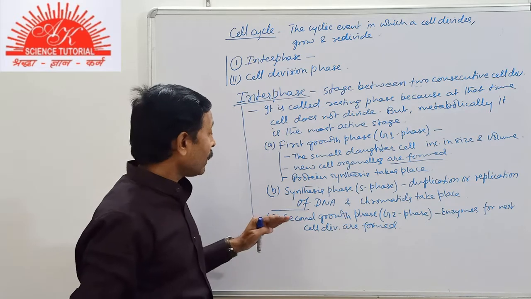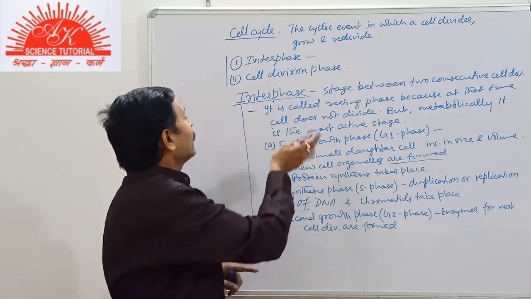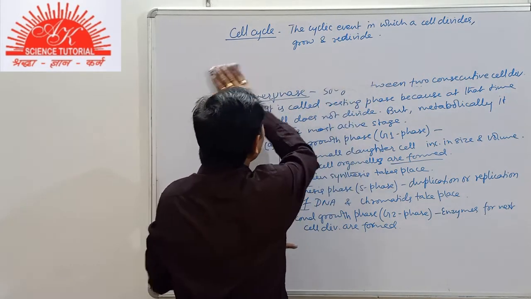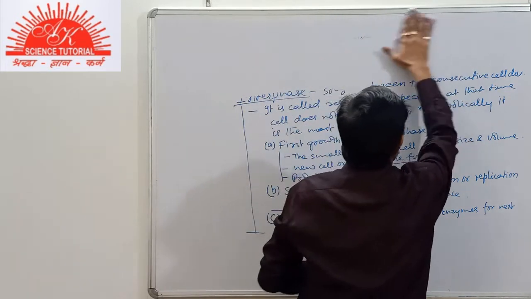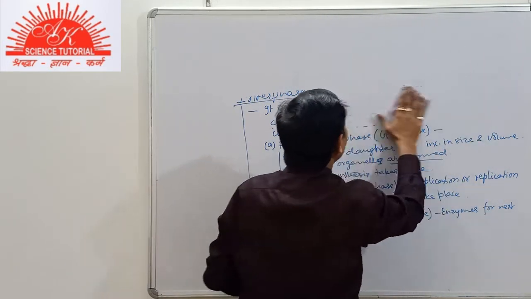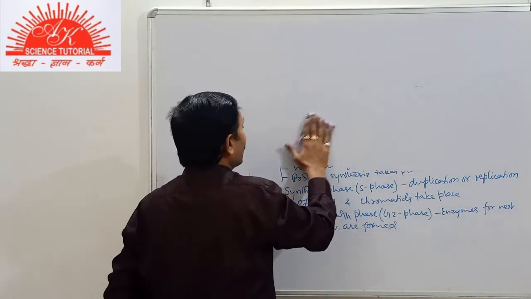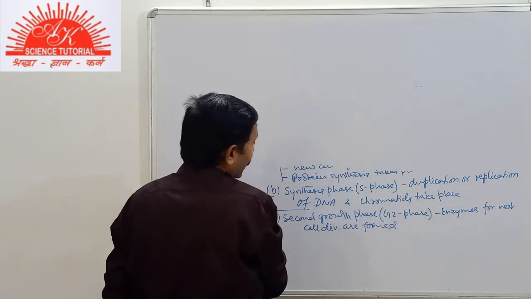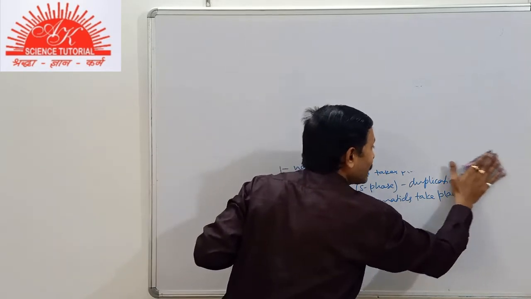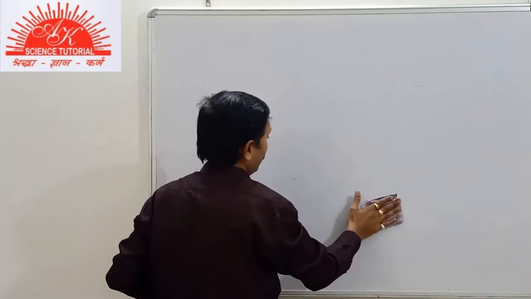Now, when the question is asked that name the stage of cell cycle, phase of cell cycle in which duplication of DNA or chromatid takes place, then you will write interphase, or you can write synthesis phase of interphase.